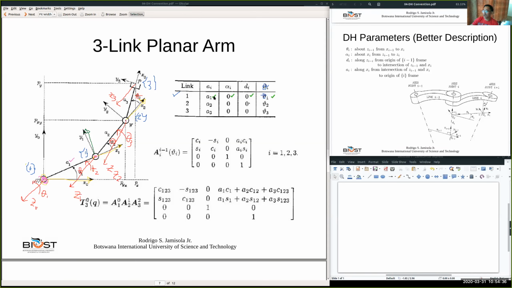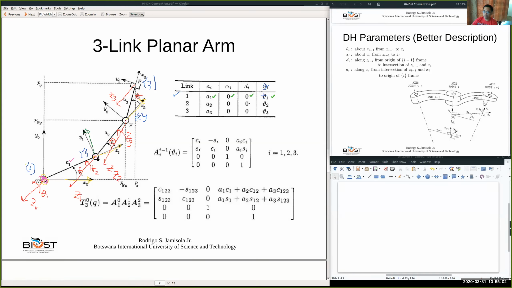Okay. Now let's go to the next joint. We say that this is joint 2. So let's start with joint 2 and check all these parameters here. Let's start with theta 2. Theta 2 is about Z1.